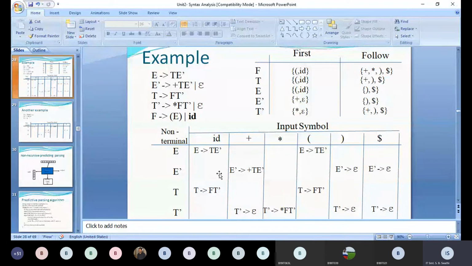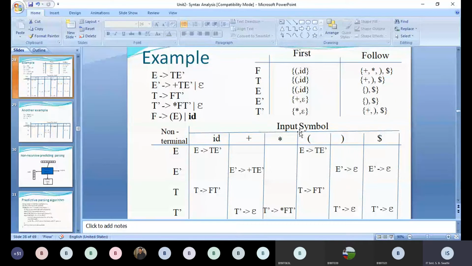Randomly checking is also not possible. The compiler can't estimate if there are 100 rules for a given production. Like E dash here, 2 rules are there. If there are 100 rules, the compiler cannot pick up easily. Randomly there is an option it can check, but it cannot pick which one matches the given input. So for that purpose, it will analyze the given grammar and generate some computation values.